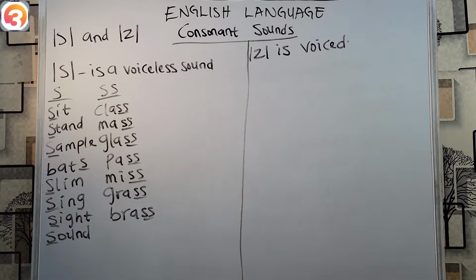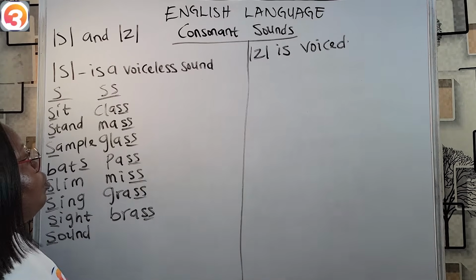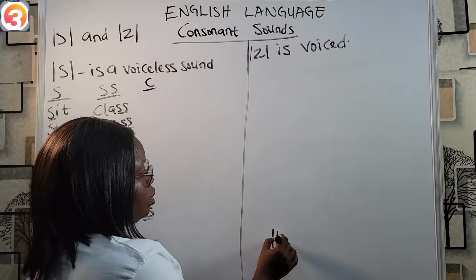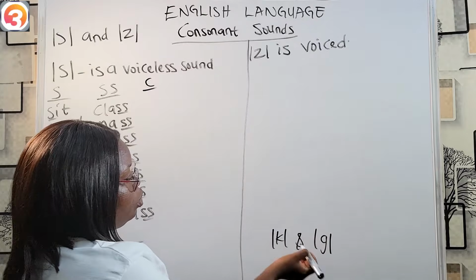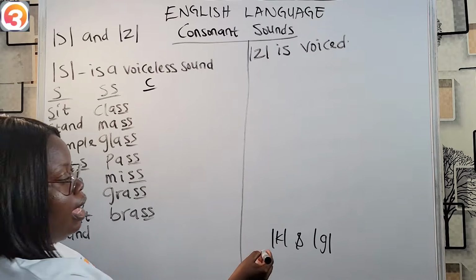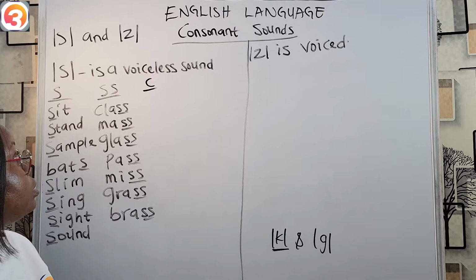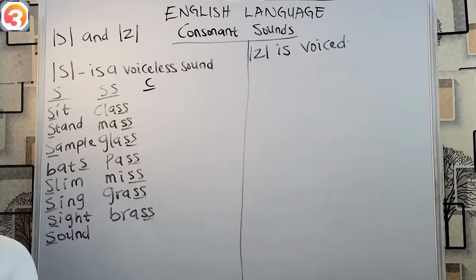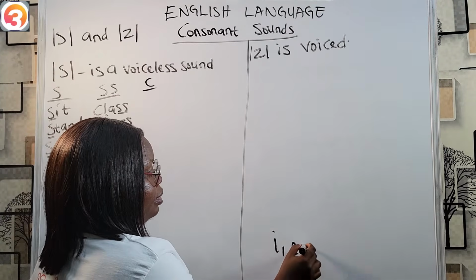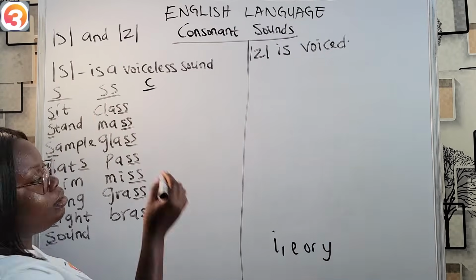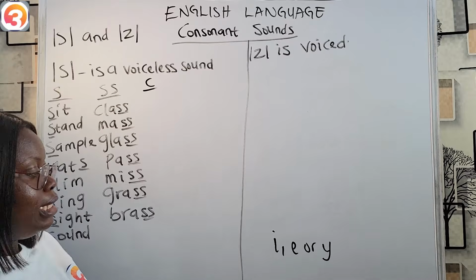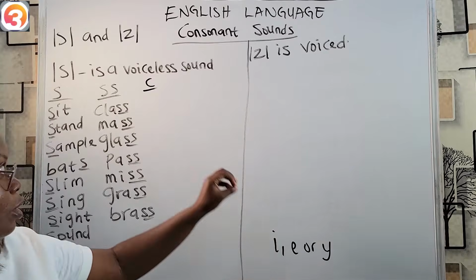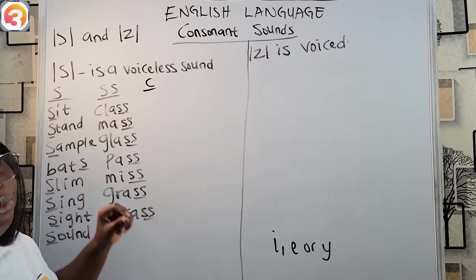The consonant sound S can also be found in words containing letter C. While we were dealing with the consonant sounds K and G, we looked at words containing letter C pronounced as K. But since we're on S, we say words with letter C coming before I, E, or Y are pronounced as S. So if in a word letter C is coming before letter I, letter E, or letter Y, that C automatically becomes S in your pronunciation.